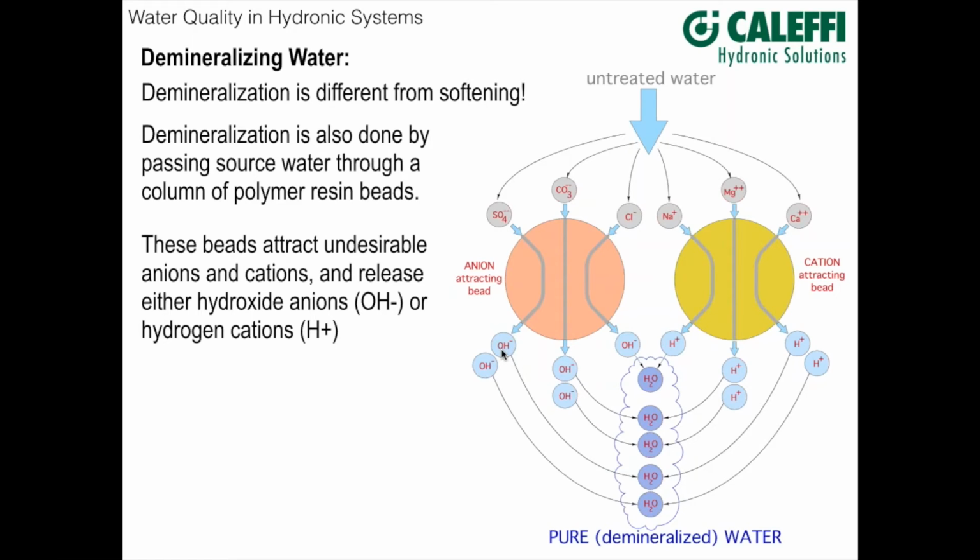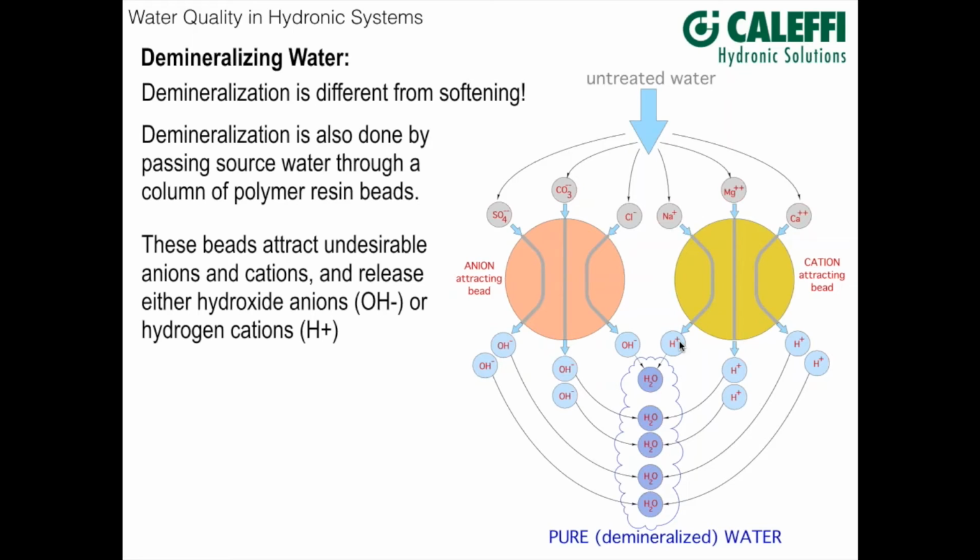The process has to be electrically neutral. Over here we've got a chloride ion being absorbed that has 1 negative charge, so one hydroxide anion is released. Over on the other side it's similar but with positive charges. Here's a sodium cation being attracted to this bead, and the result is a hydrogen cation being released. Again, 1 positive charge captured, 1 positive charge released.